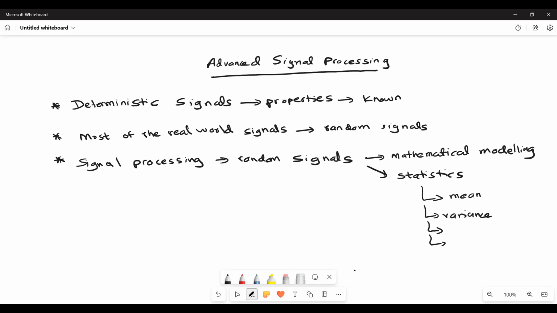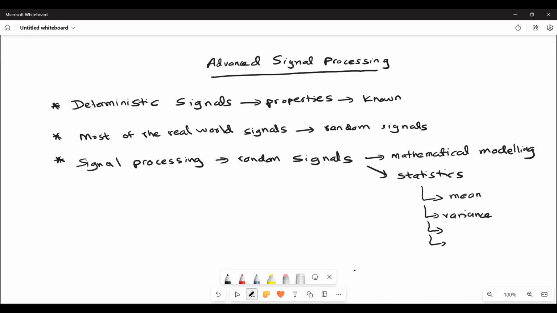Apart from that, we will be using these statistics to filter out the necessary signal components from random signals. I hope it is slightly clear to you, and we will discuss these things further.